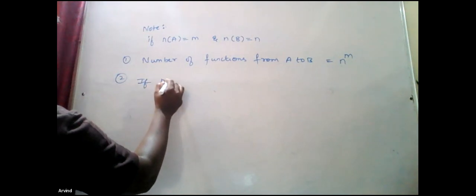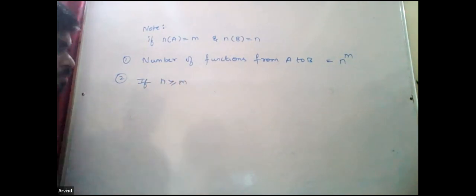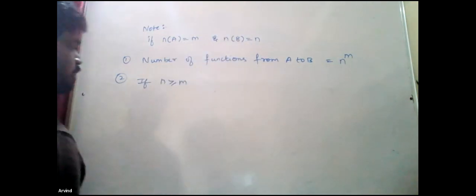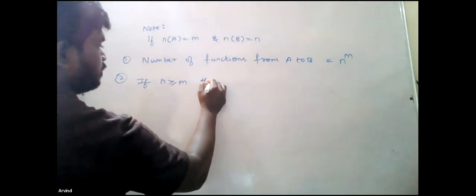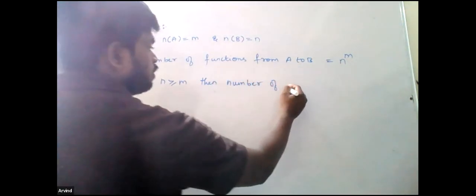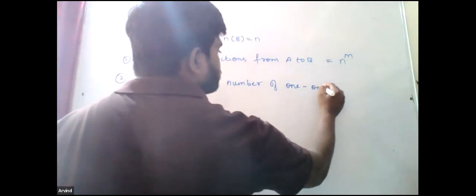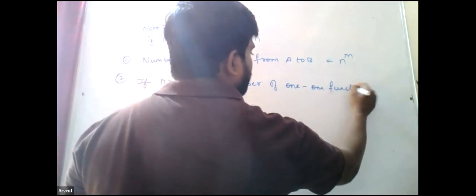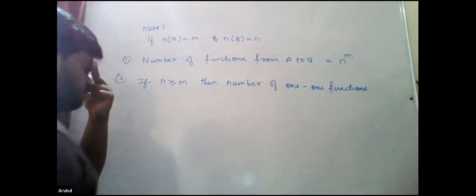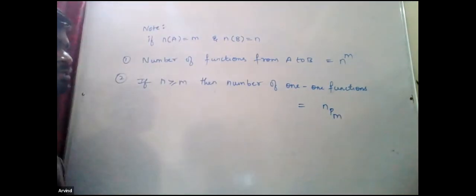The condition is satisfiable if n is greater than or equal to m, that is, the order of B should be greater than or equal to that of A. Only in that case, the number of 1-1 functions is equal to nPm, permutations nPm.